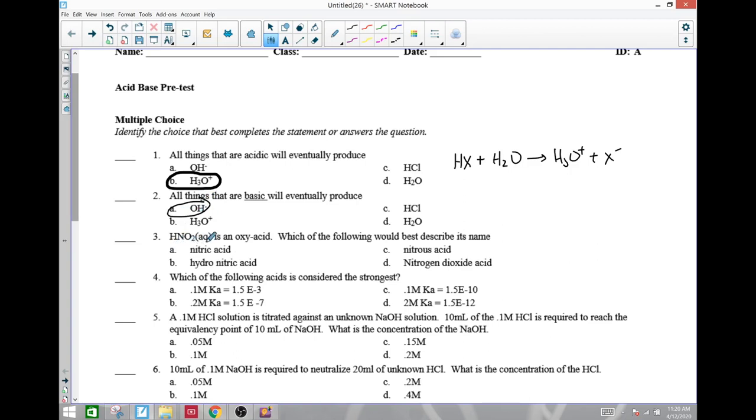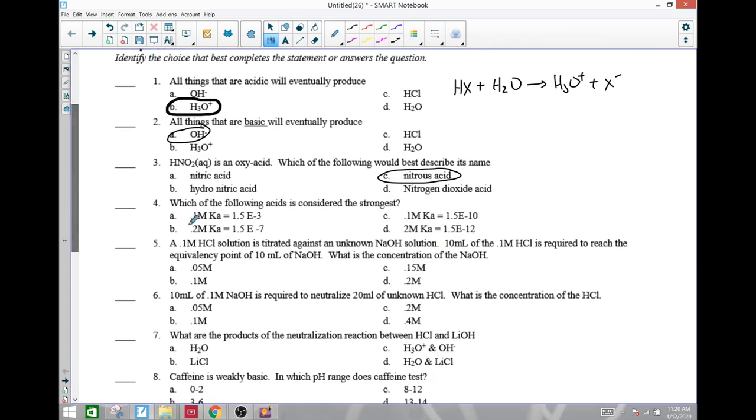This HNO2 is an oxyacid, which is described by the name nitrous acid. Which of the following acids is considered the strongest? Strength is how much this reaction proceeds to products.